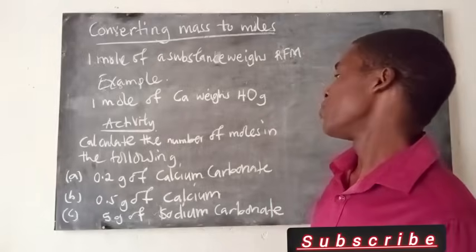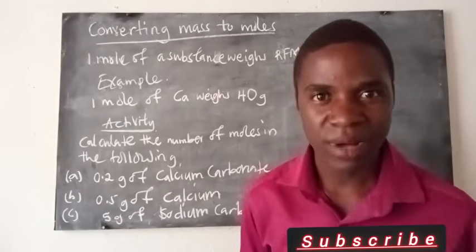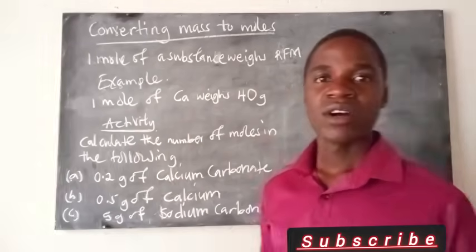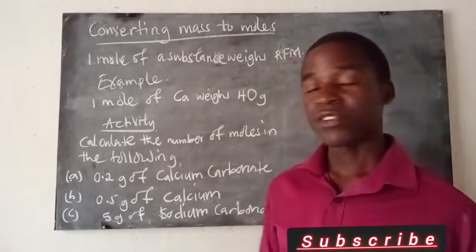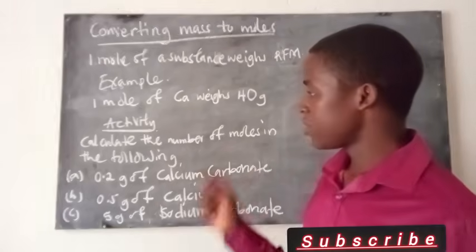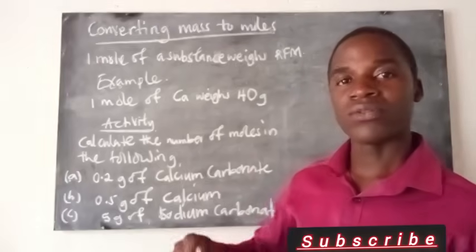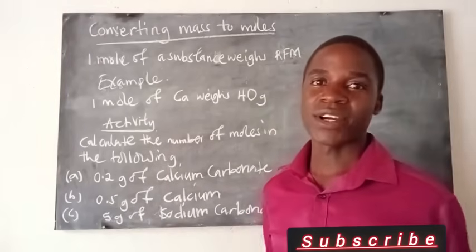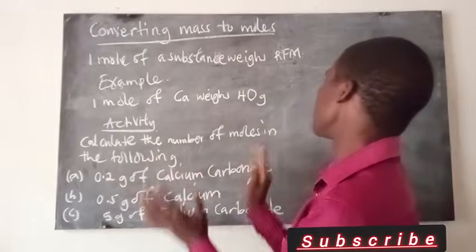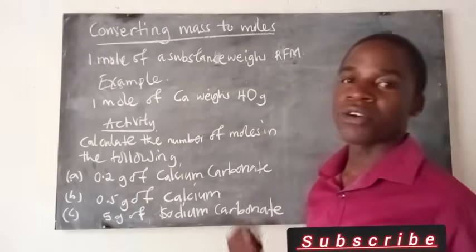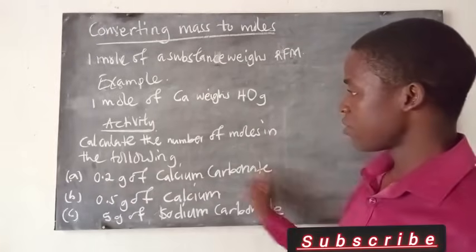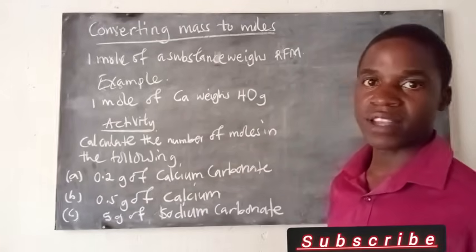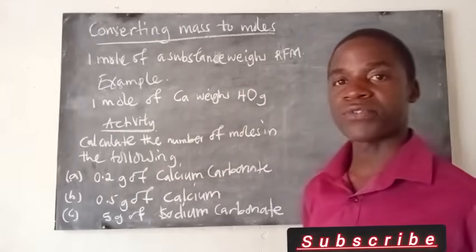For calcium carbonate, whose relative formula mass we calculated as almost 100, we can say that 1 mole of calcium carbonate weighs 100. Make sure you have written these down, because very soon we shall erase them so that we can have space for you to calculate.